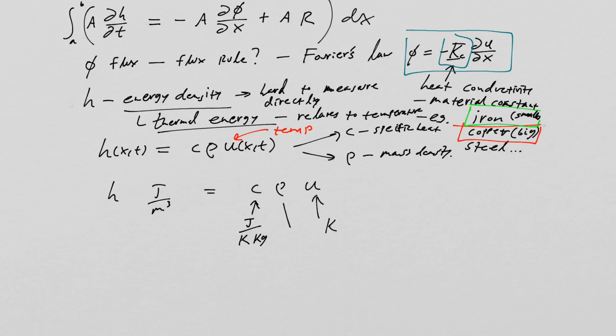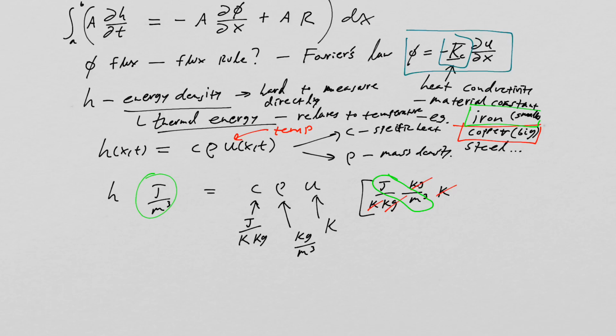Okay, and the mass density has kilograms per meter cubed. Okay, so if you multiply all those together, you get units joules per kilogram per Kelvin, times kilogram per meter cubed, times Kelvin, and you see clearly the Kelvins cancel, the kilograms cancel, and we're left with joules per meter cubed, which is the same thing as on the other side.